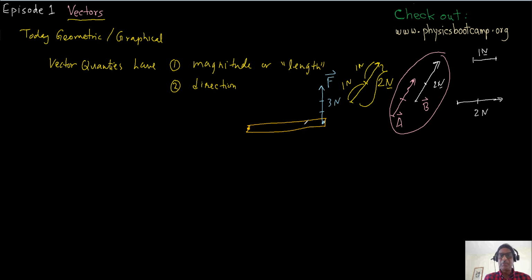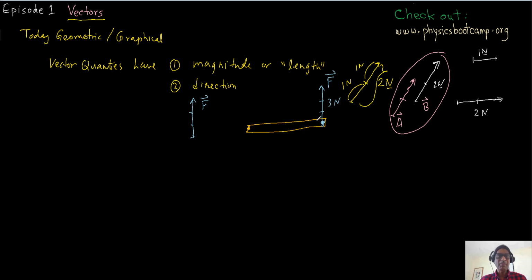Although it's happening over here, I could draw it over here. As long as I keep the same length, it represents the same force. So the force can be moved around in your diagram. Conceptually, for rotation and other properties, you must maintain where the force is acting. But for overall motion, you can move the vectors around, and that's okay.